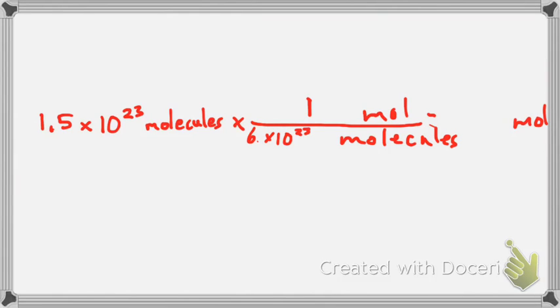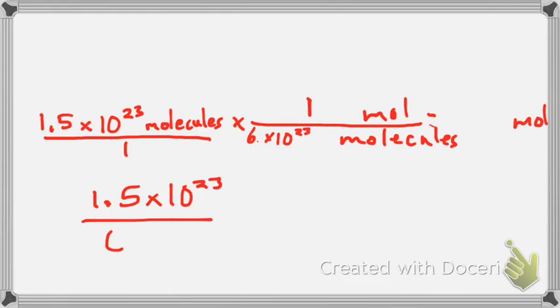So we take the problem. Remember, this part right here, even though it's not written, is over 1. So we're going to write this as 1.5 times 10 to the 23rd. Now it's being multiplied by 1, so we could just leave it as that. And then it's going to be divided by 6 times 10 to the 23rd.